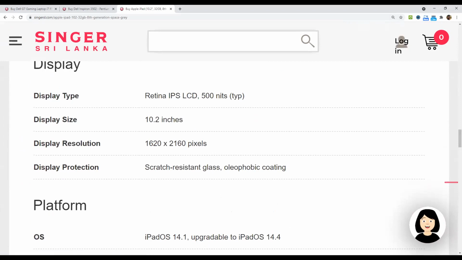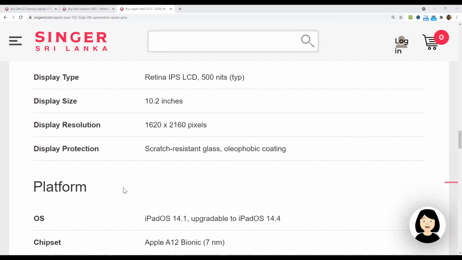Here you can look at the size of the monitor. You can have the OS as well.